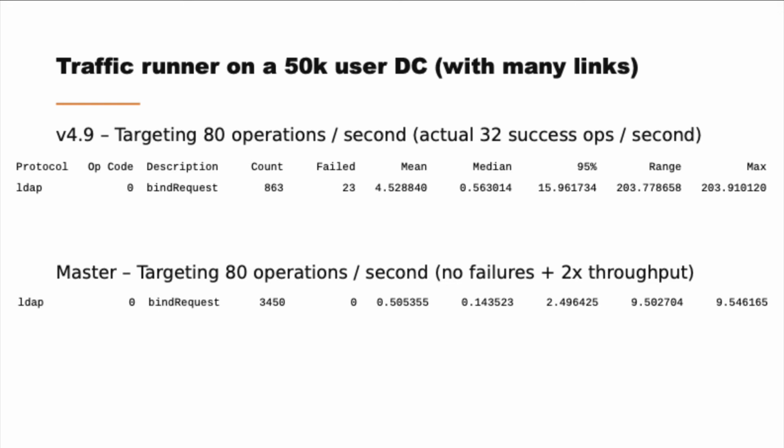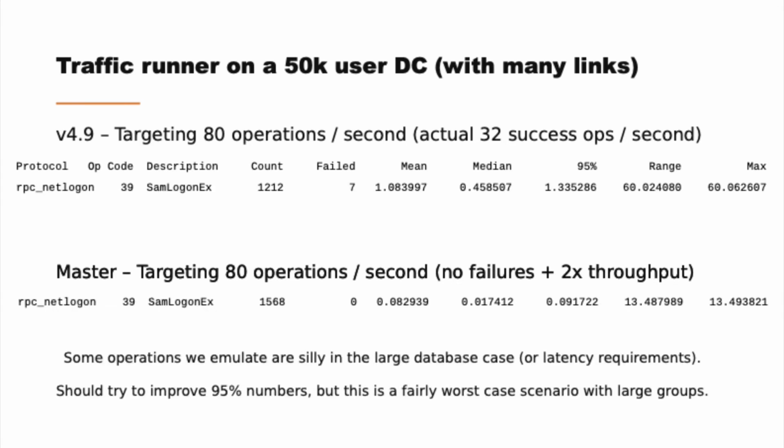Median is half a second. 95th percentile is 16 seconds. In master, there are no failures. There's twice as much throughput. The median is a tenth of a second, or slightly more than that, and the 95th is 2 seconds. Yeah, it's not that great. We could do better, but this is the worst case with links, and we've spent a lot of time trying to fix this stuff.